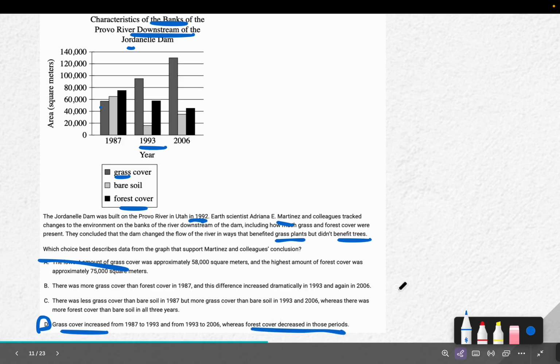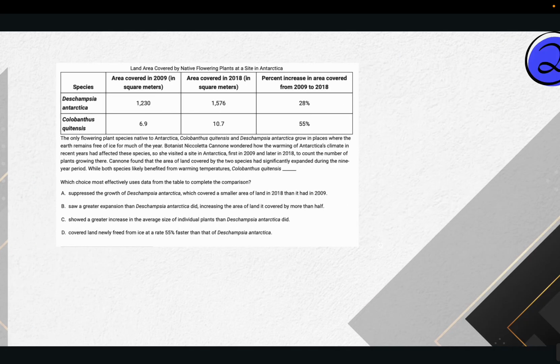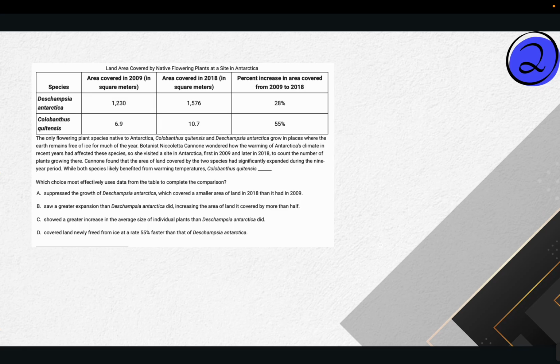So let's get on to the next question. This was kind of tricky. When we see these graphs, it's a comparison between the two to see if the values are equal to each other, lesser than each other, or more than each other.